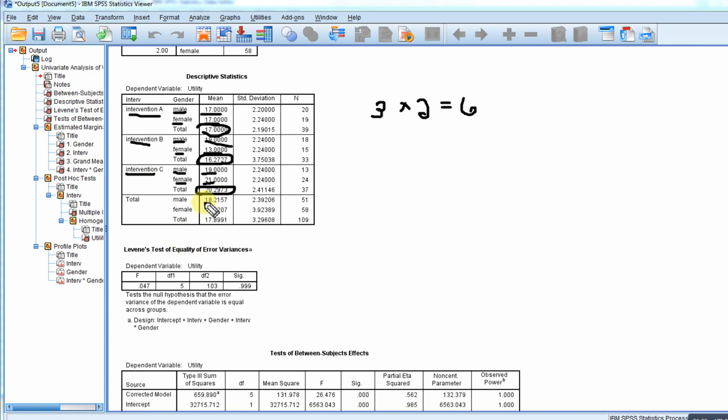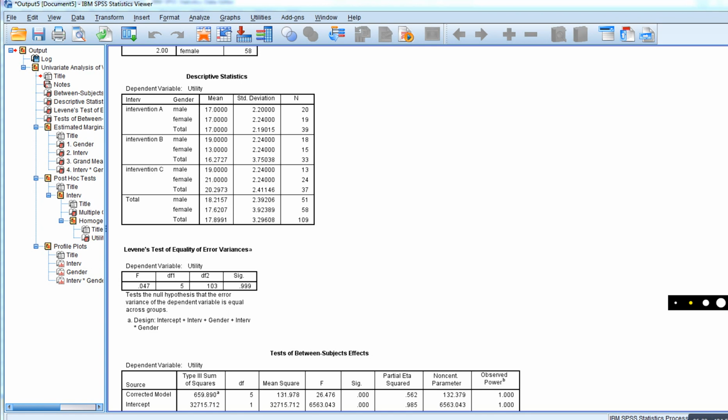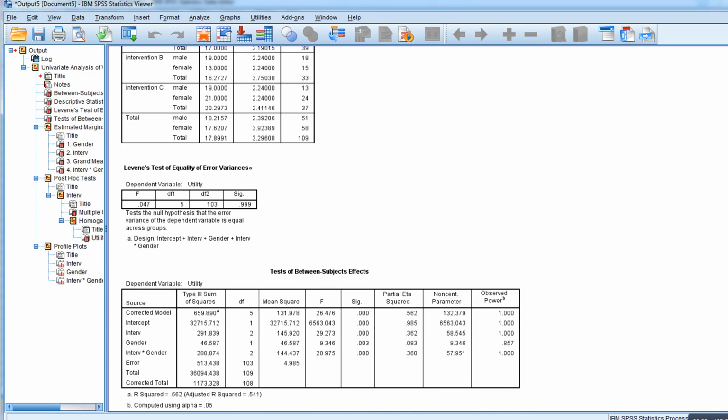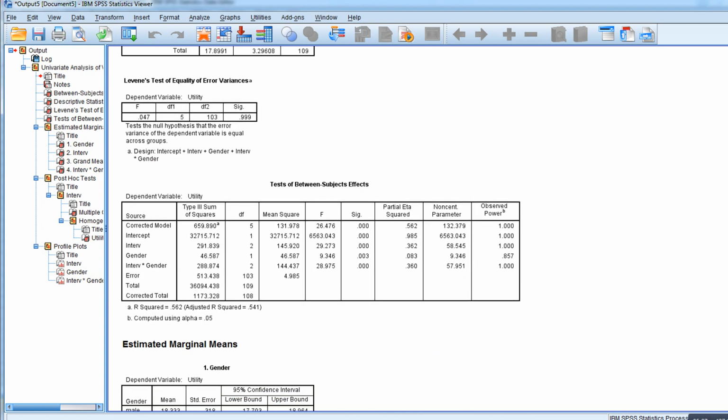So this is males' perceived utility score on average, as compared to females' average perceived utility score. So now those are just some basic descriptives, and now we can start looking at test results, whether there are significant effects of the independent variables and the interaction effect.